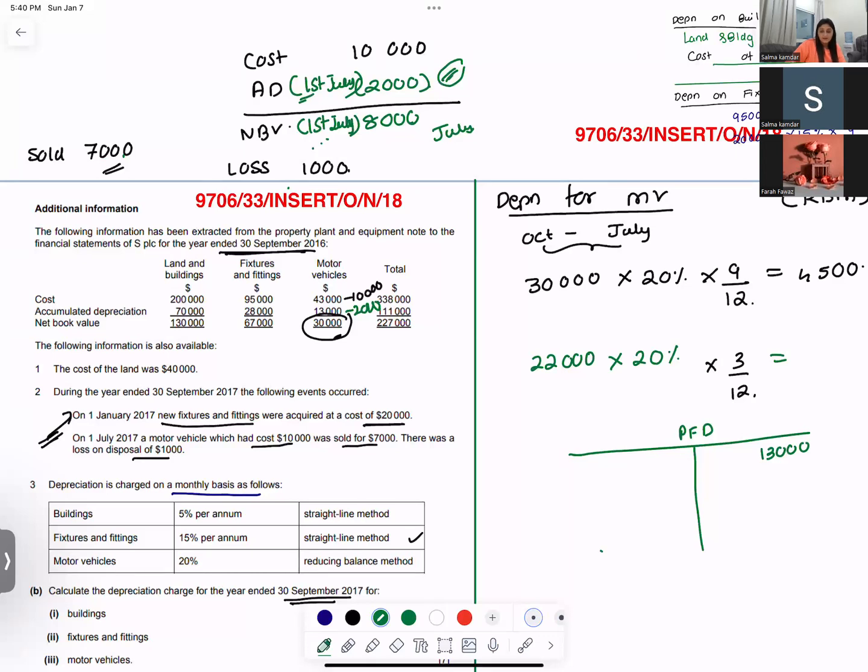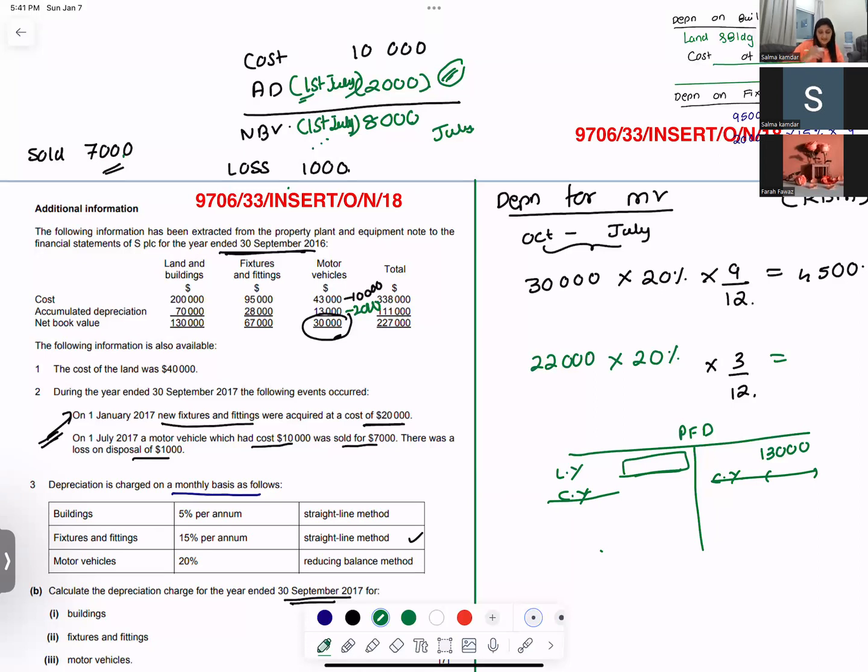Then you will add the accumulated depreciation of the current year on the asset sold, and then you will remove everything. That means of the last year and current year, both you will remove. So this and this gets wiped off. So this is the net effect that we are talking about.